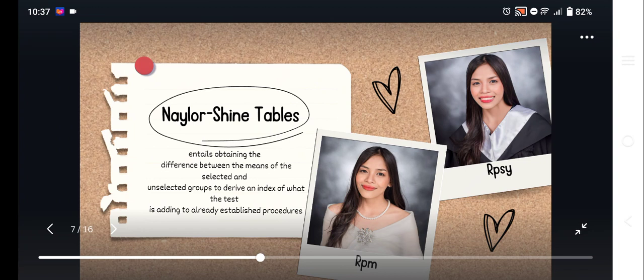With both tables, the validity coefficient used must be one obtained by current validation procedures because it is obtained with respect to the current employees hired by the selection process in effect at the time of the study. Okay, let's proceed to the second.